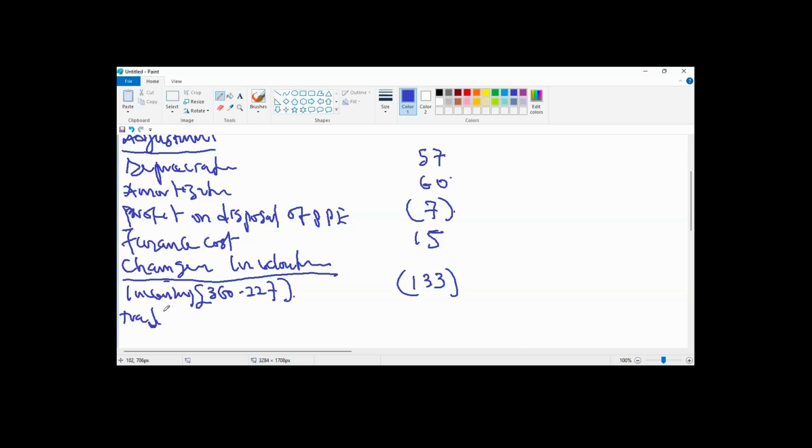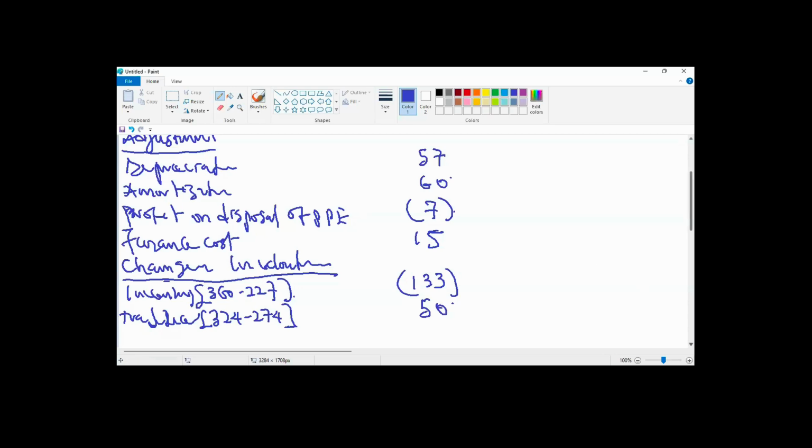Trade receivable at the beginning, 324. At the end, 274. It has decreased by 50. It's an inflow, 50.